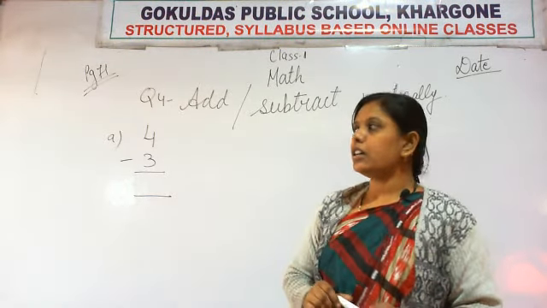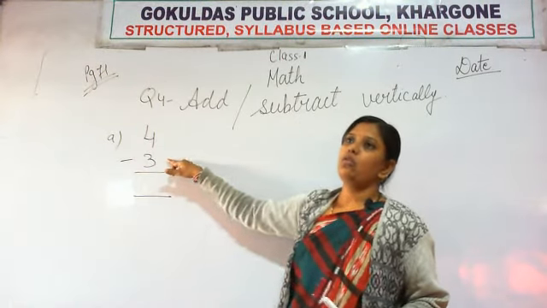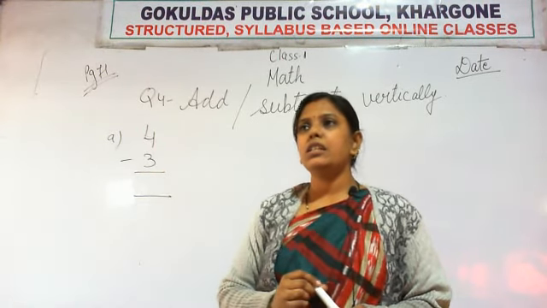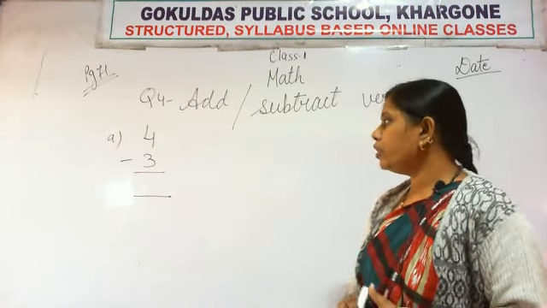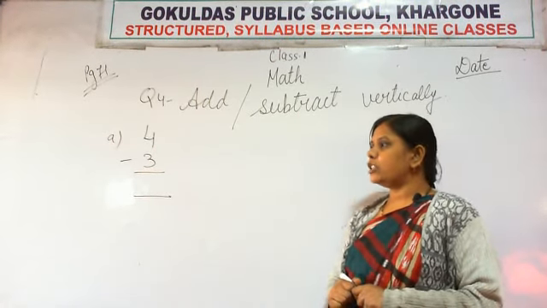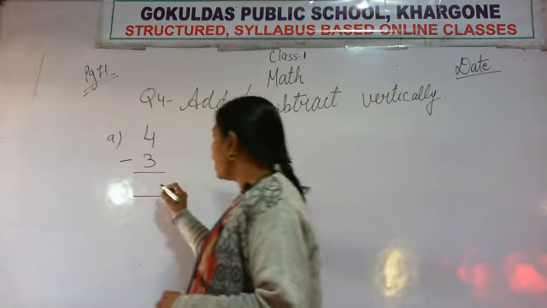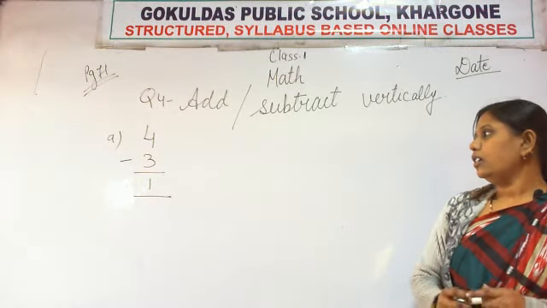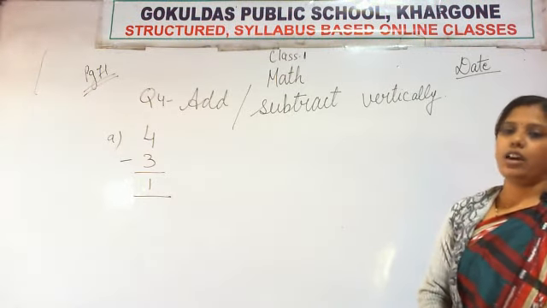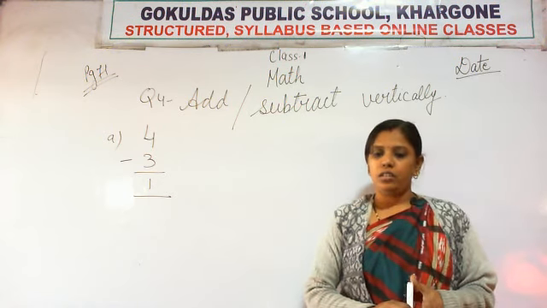Now the next number is 3, so close 3 fingers. Now count the remaining fingers. How many fingers are left? Count. The finger remaining is only 1. So, write here 1. Copy it. 4 minus 3 is 1. Copy fast.